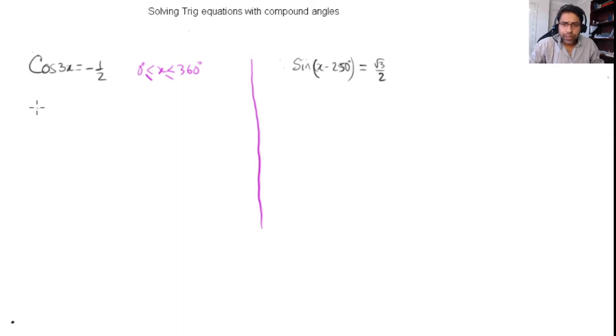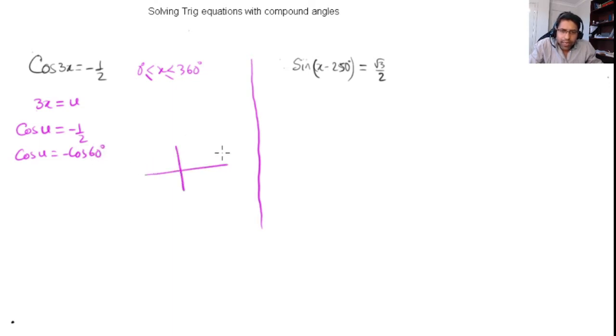We can straight away say 3x equal to u. It's easy because then we can just say cos of u equal to minus half, right? So now it's easy to solve because cos u equals minus cos of 60 degrees.